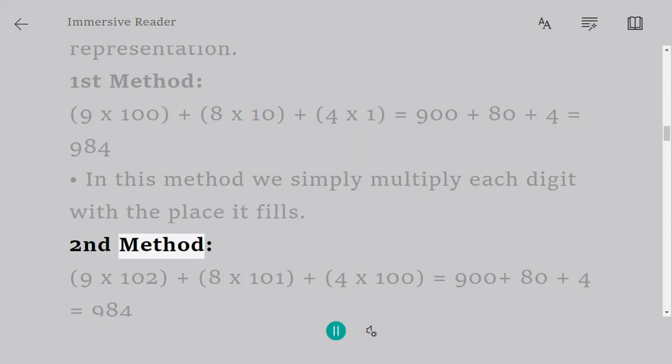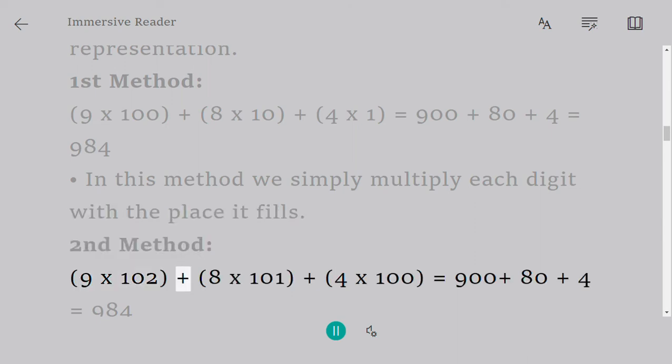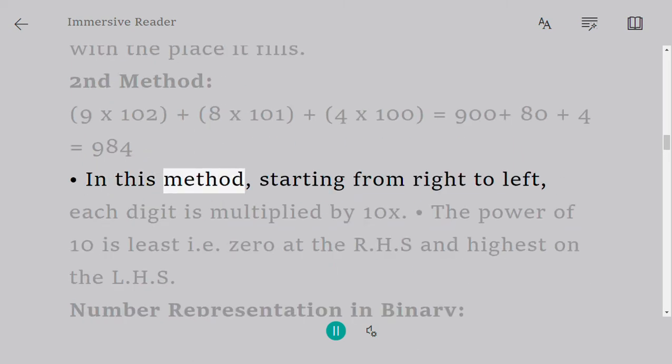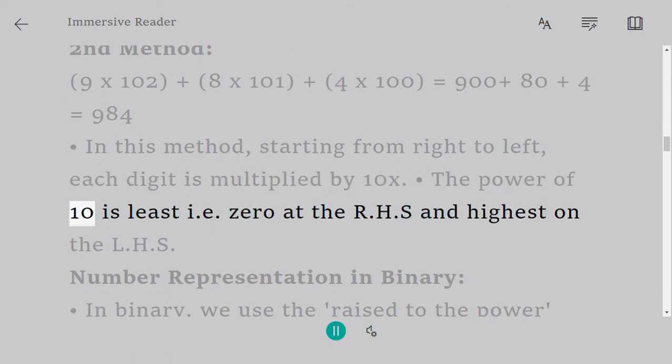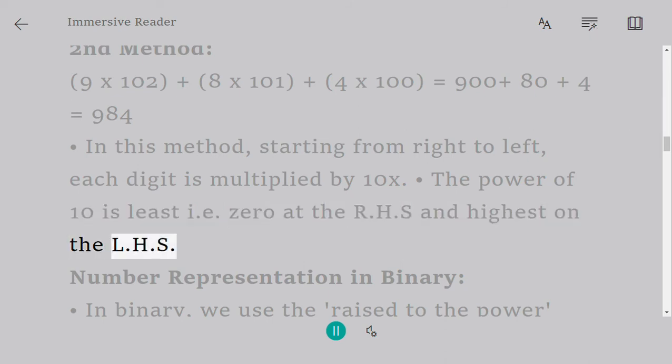Second method: 9 by 10^2 plus 8 by 10^1 plus 4 by 10^0 equals 900 plus 80 plus 4, which is equal to 984. In this method, starting from right to left, each digit is multiplied by 10^x. The power of 10 is least, i.e. 0, at the RHS and highest on the LHS.